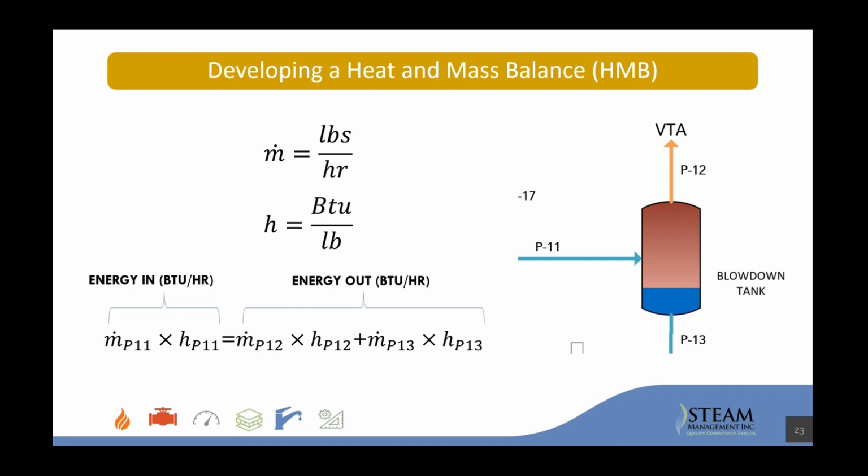So your inlet is going to equal your outlet and your drain outlet. And then there's another equation, also your mass of P11 equals your mass of P12 plus P13. So you have two equations there you can solve and get your flash steam percentage, basically.